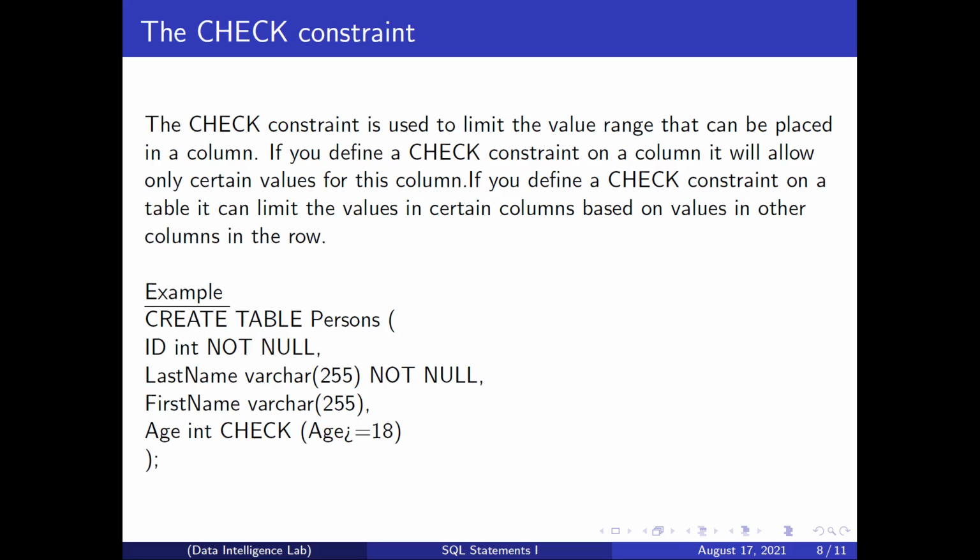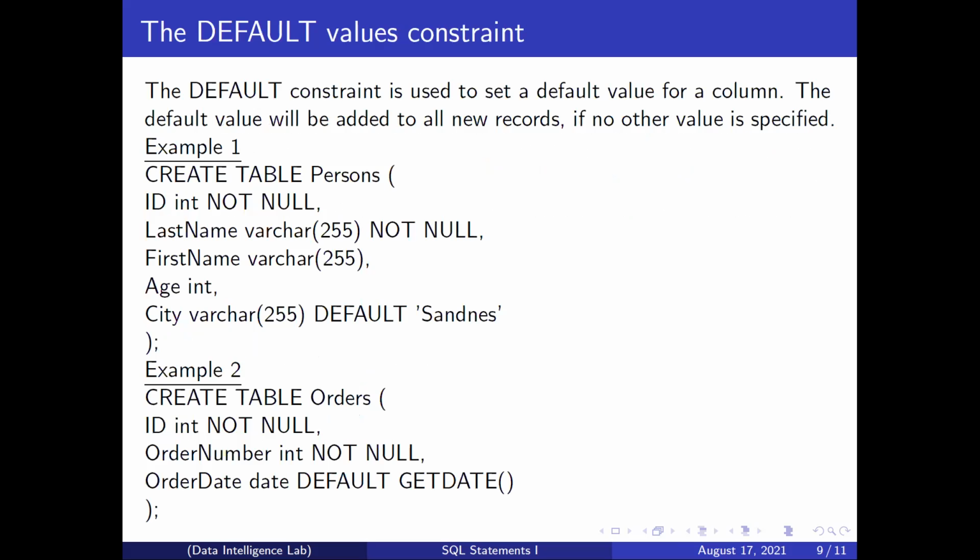You can also define, for example, a gender column and you don't want any value other than female or male in that column, you can as well place a check on that. So this is also another way of ensuring quality in your data values that are defined.